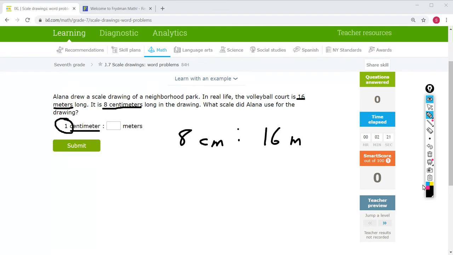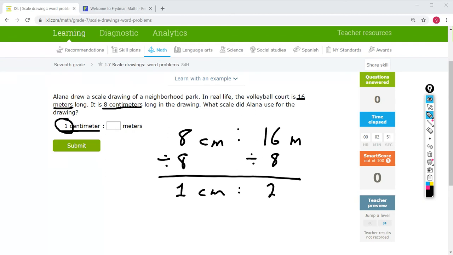So we're going to have to divide by 8, because then we would get a 1 here, along with the centimeters, which is what we want. But if we divide this side by 8, we're going to have to divide this side by 8 also. And so we will get over there, 16 divided by 8 is 2. So we have 2 meters.